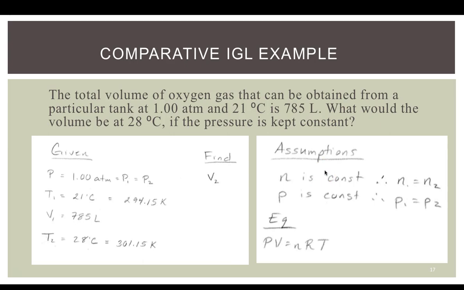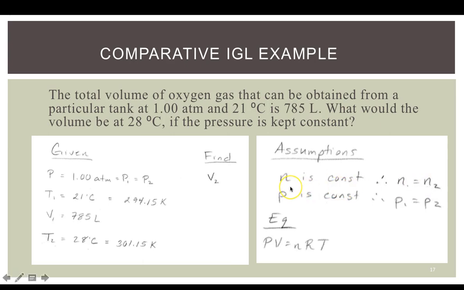Assuming this is not a scuba tank where moles of gas are being sucked out so you can breathe, but instead like a tank of gas sitting in the lab, we can assume that since it's a sealed container, N is constant. Therefore, the number of moles we start with in condition 1 has to be the same as the number of moles we end with in condition 2.